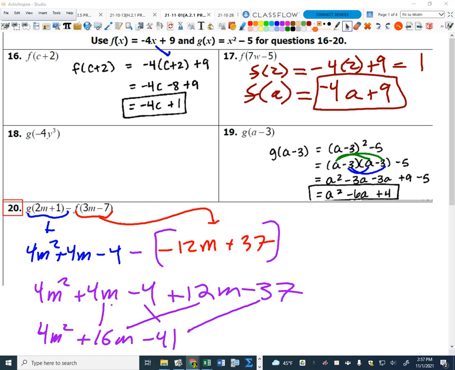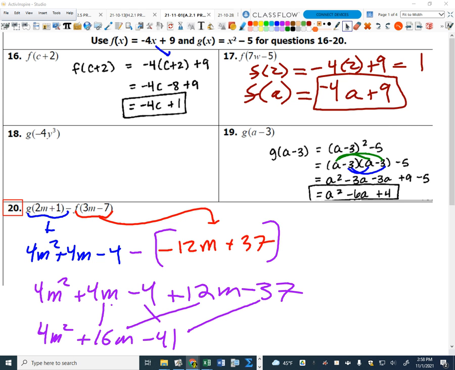What if I input something like c plus 2? Well, I'm going to do the same pattern to it. I'm going to multiply the quantity c plus 2 times negative 4 and then add 9, right? People are sometimes wanting to do too much to this stuff. They're wanting to do more than they're supposed to do. When you're evaluating a function, the answer is whatever the function outputs. Sometimes I saw people trying to do things like they'd get this answer and then they wanted to subtract the 1 to isolate the c or something goofy like that.